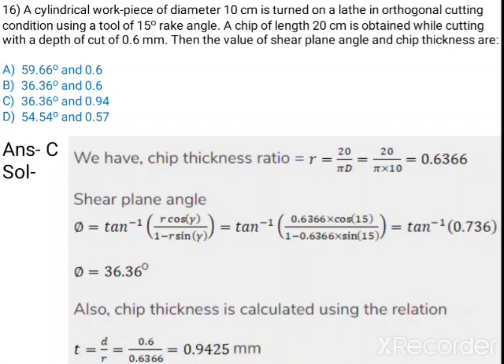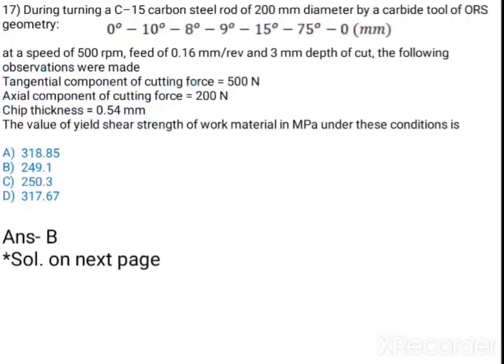Here the depth of cut is given, not a diameter, so we use the depth of cut, d is 0.6 mm, and r we have already calculated as the chip thickness ratio, 0.6366. From that you can easily find the chip thickness, which is 0.9425. So option C is matching, so the correct answer is C.